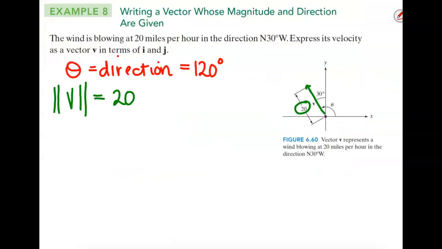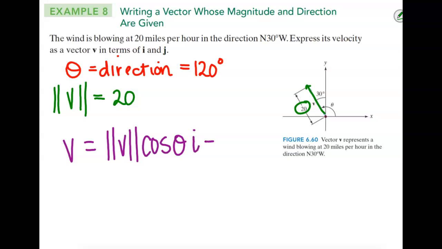So here's our equation. Vector v equals the magnitude or the length of the vector, cosine of the angle, i, plus the vector magnitude again, sine of the angle, and then j.